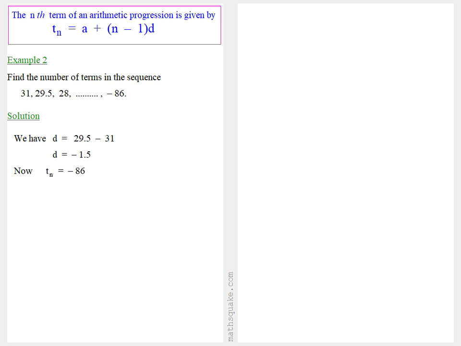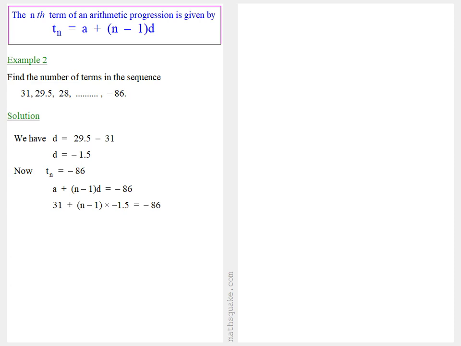Now the last term, Tn, is equal to minus 86. So what we've got is A plus (n minus 1) times D equals minus 86. And we know A is 31 and D is minus 1.5. So 31 plus (n minus 1) times minus 1.5 is equal to minus 86.